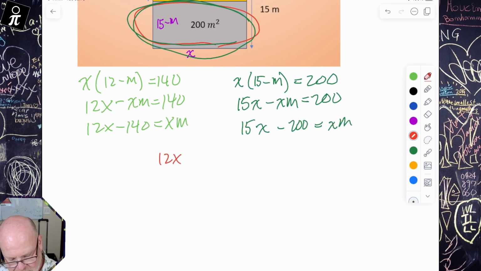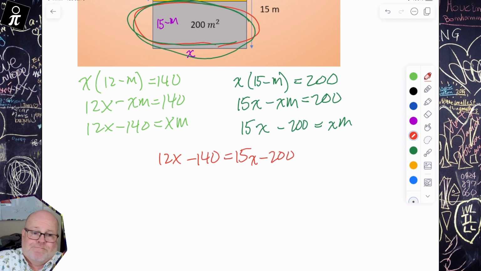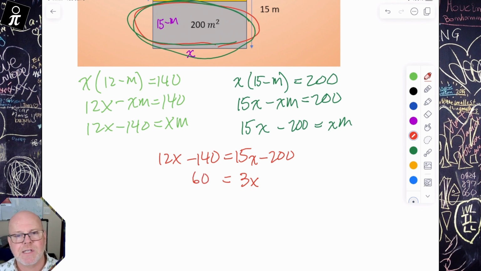So 12x minus 140 is equal to 15x minus 200. So we've got an equation with variables on both sides. Let's move stuff around, and when we do that, we get 3x on the right side and we end up with 60 on the left side. So we end up learning that x is 20.